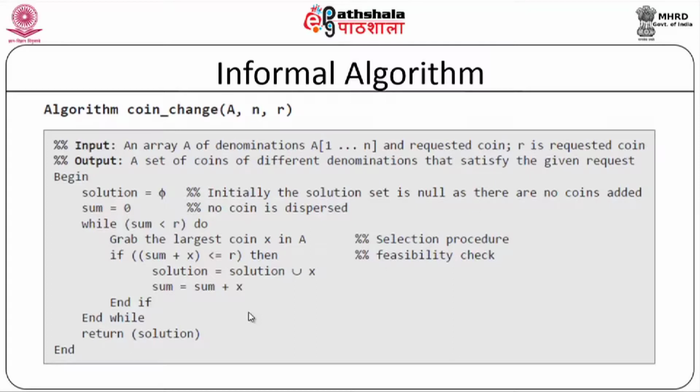When the sum plus the largest coin x is less than or equal to r, then we are adding the coin into the solution, then we are incrementing the sum. So, this goes in a loop, and when we come out of the loop, the solution set will have all the coins that I am going to return.